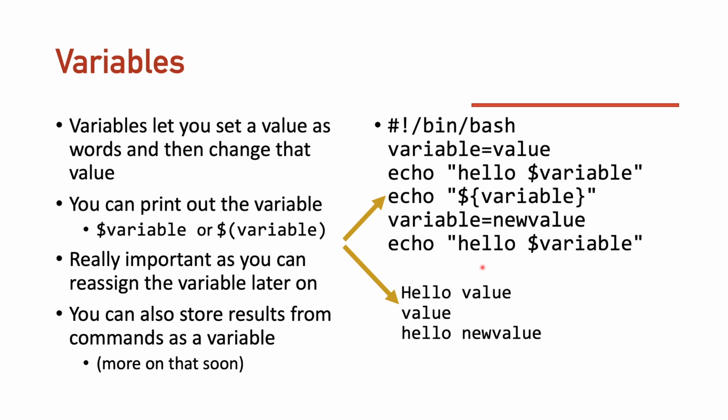Well, we might want to write a generic find subdomains function, and we might use variables in that case. And you can also not just store the raw data in a variable, you can also store results from commands, but we'll go over that soon. So it's really useful to be able to do this. It gives your code quite a lot of flexibility.